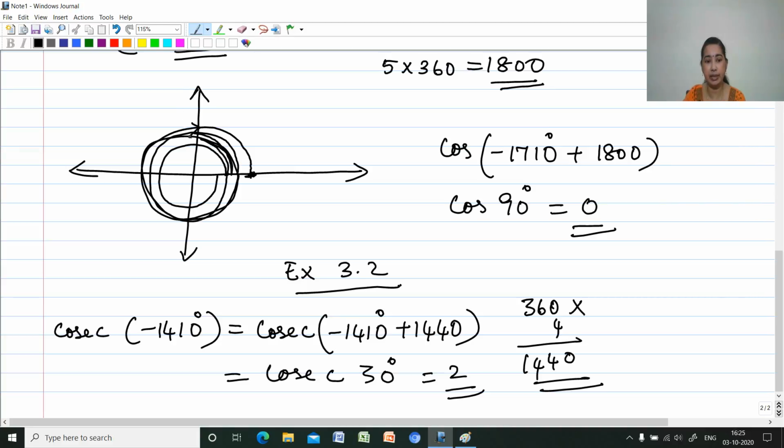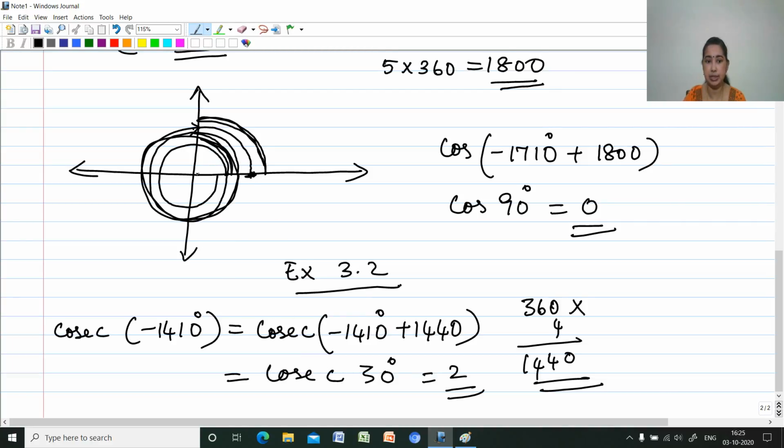Now since it was minus 1410 degree, with minus 1410 degree I have to add 1440, that is the complete 4 revolutions. Then you are getting that smaller angle. So that is minus 1410 plus 1440, then it will be cosec 30.